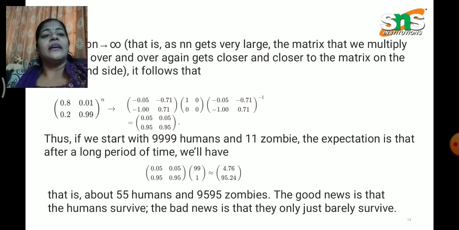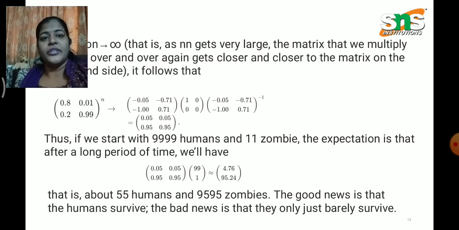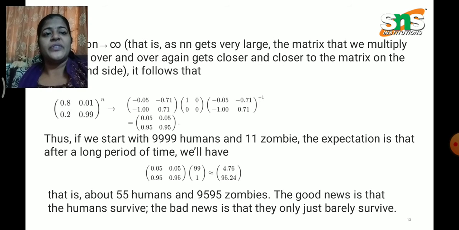Now as n gets large, multiplying over that, it gets closer and closer to the matrix on the other side. That is, the matrix 0.8, 0.01, 0.2, 0.99 whole power n implies the matrix we have defined in the last step.